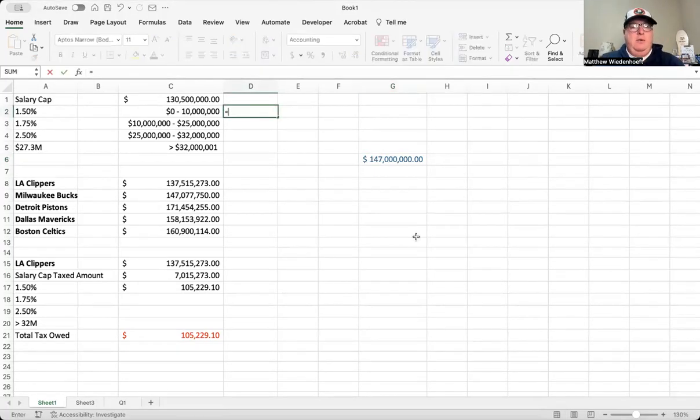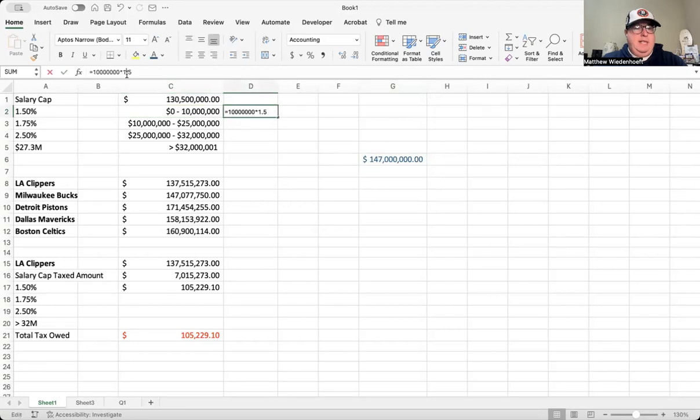What I would do is equal sign, and just to do it in Excel, but if you're doing it on paper, it's 10 million times 1.5%, which would be times 0.015. That's 150,000. So if you are $10 million over the cap, you're going to owe $150,000 in luxury tax.